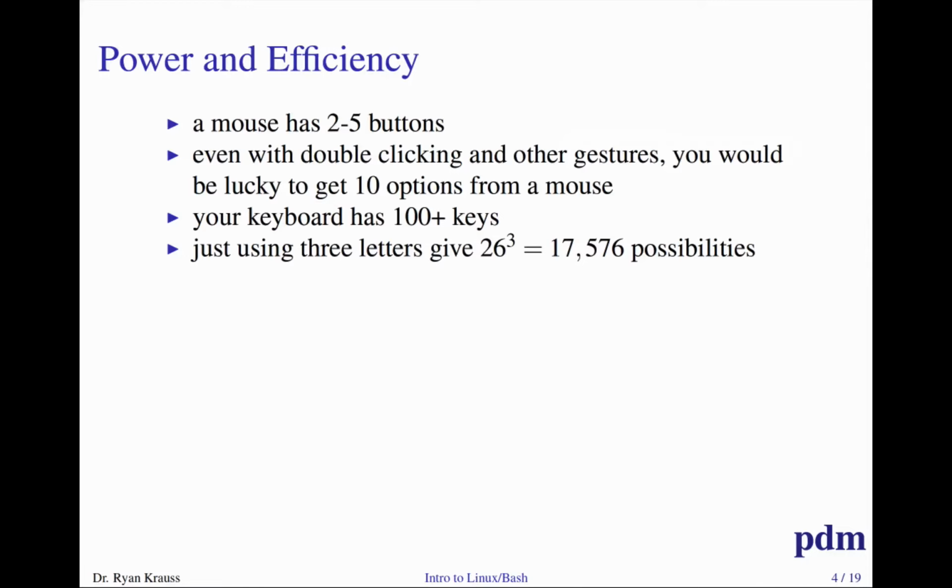But you'd be hard pressed to get more than 10, or in a really stretchy situation, 20 inputs from a mouse. Your keyboard has more than 100 keys, and if you can type even just 3 letters like a license plate in succession, even if you just stuck with lowercase letters, 3 letters is 26 to the third possibilities, or 17,576. So there's just a whole lot you can do.